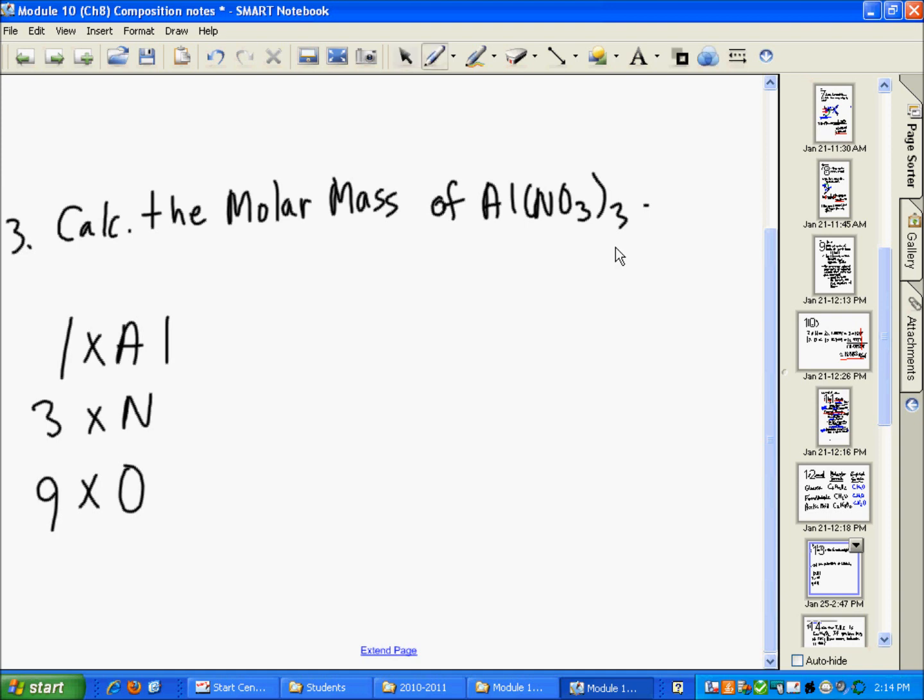So you need to look up the atomic weight for aluminum. So for aluminum, the reason aluminum is 1 is because the number to the bottom right of aluminum, which we're not showing, would be a 1. So what's the atomic weight for aluminum? 26.98153.